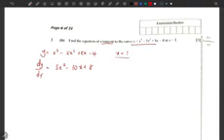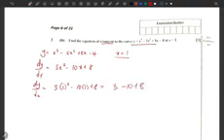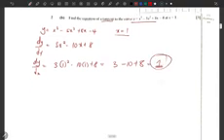Now they are saying at x equal to 1, so substitute now. dy dx is equal to 3 times 1 squared minus 10 times 1, plus 8. This gives us 3 minus 10 plus 8, of which 3 plus 8 is 11, and 11 minus 10 gives me 1.